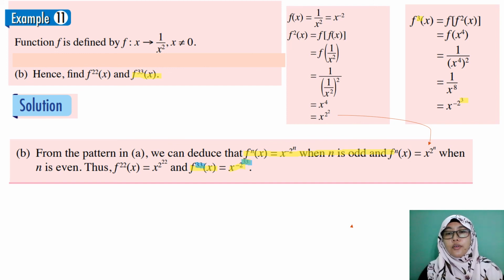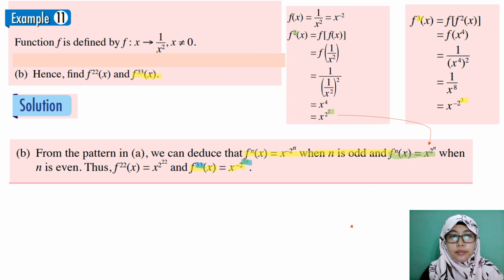Okay, for the question f to the power of 22, 22 is even number. So kalau kamu perasan dekat sini, f power of 2 is even number, and then if you simplify this answer, you akan dapat sama juga. Sini 2, sini pun 2. So you must make a general formula. So this formula x power of 2 power of n, ini adalah untuk even number.